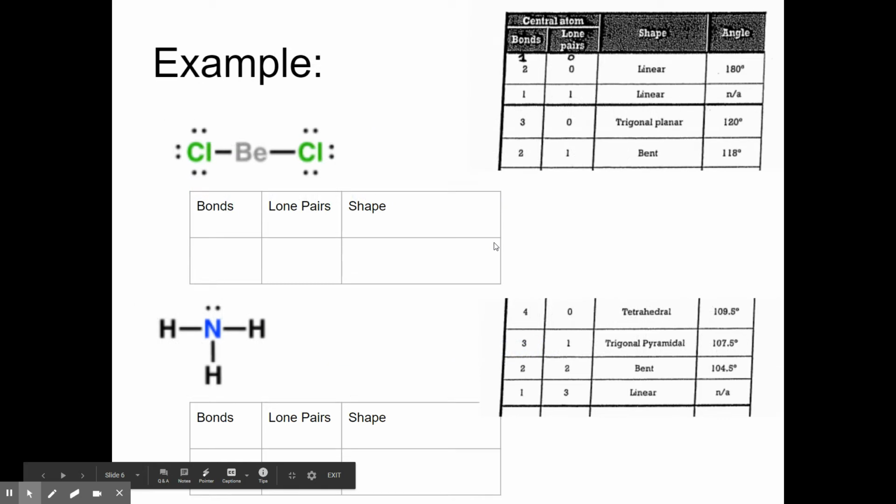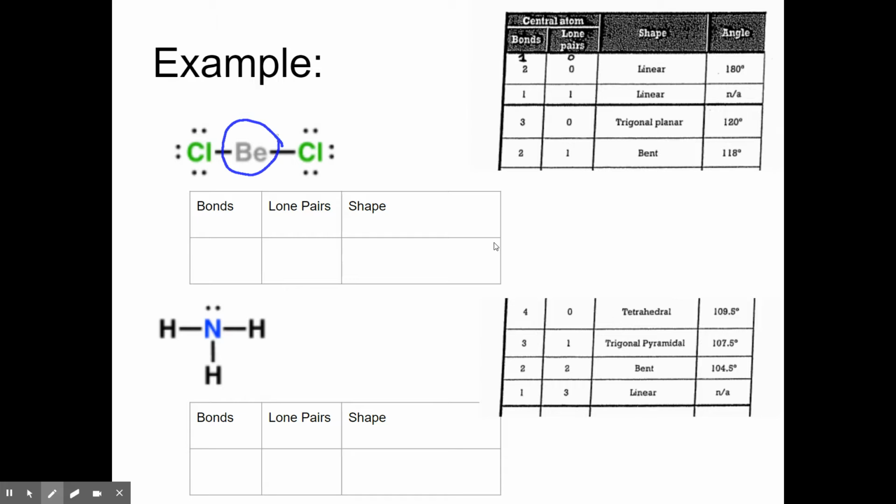Our first example, we're just going to do a couple to show you how this VSEPR theory works. So our first example is BeCl2, and we're going to look at this very center atom. When I look at that central atom, there are two lines coming from it, so it has two bonds, and just on the central Be, there are 0 lone pairs.